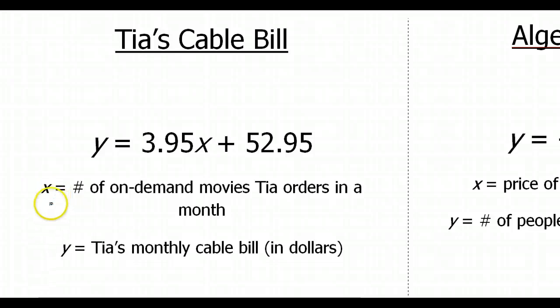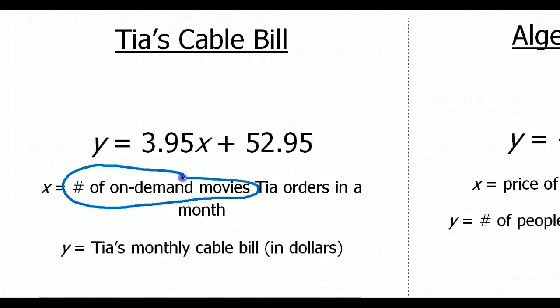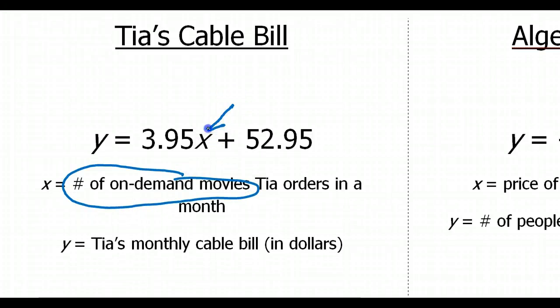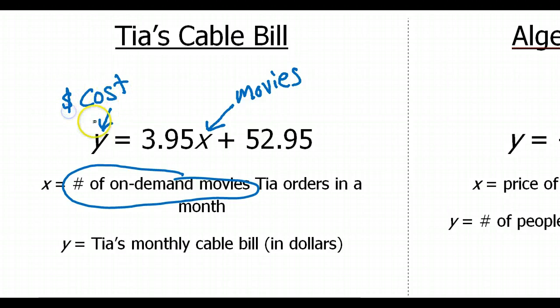I have this equation. x represents the number of on-demand movies that she watches. And T is the bill in dollars. This is how many dollars the cable bill costs overall.